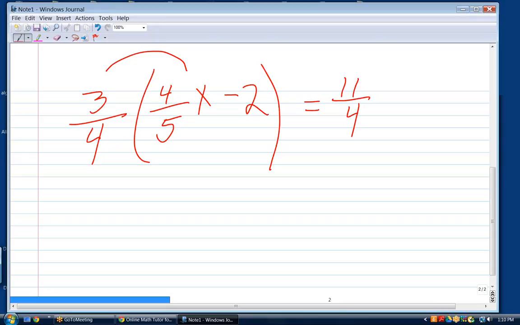So 12/20. Do it the simpler way. Reduce before you multiply. Isn't it 12/20? It is, but there's an easier way to do it. In other words, if I want to cancel that 4 with that 4, leaving a 1 in both cases, I can do that. And now the answer is 3/5, which is the same number as 12/20. It's just already reduced.